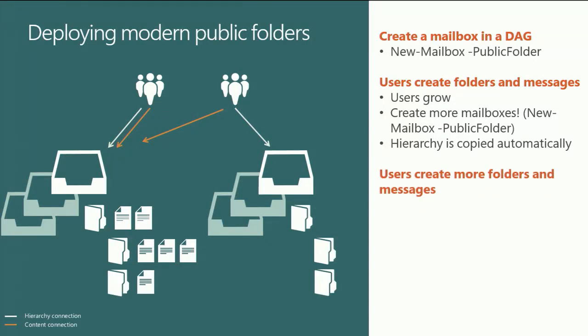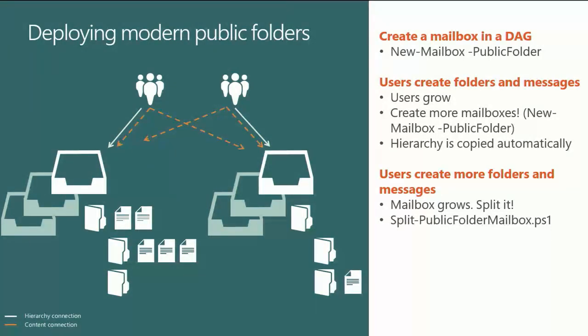OK. So now users create more folders and messages. So now a lot of activity is happening on the first mailbox still, because still the content is all on the first mailbox. So admin can split the content. And there is a script for it. It's called split public folder mailbox, a PowerShell script, and it builds on the MRS infrastructure. So what does splitting mean?